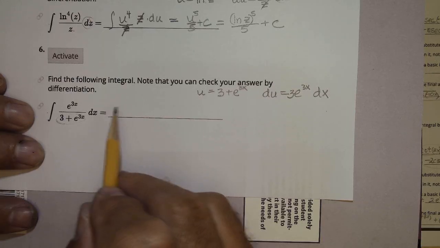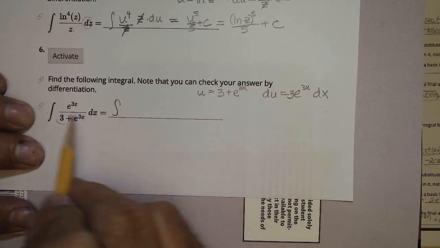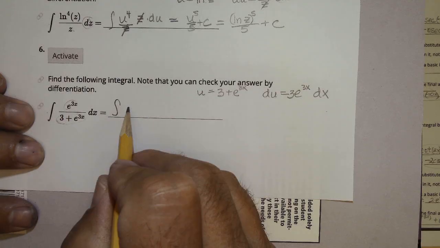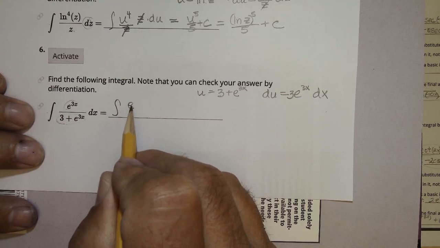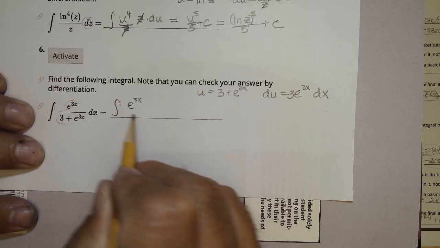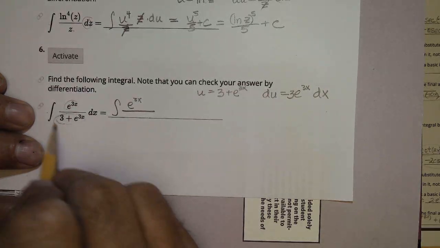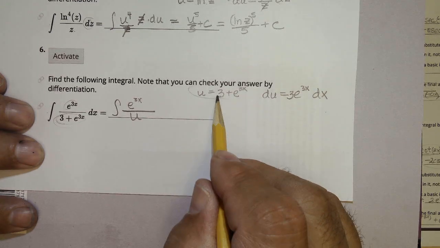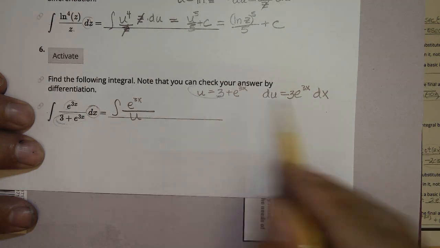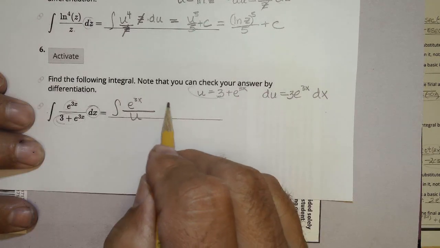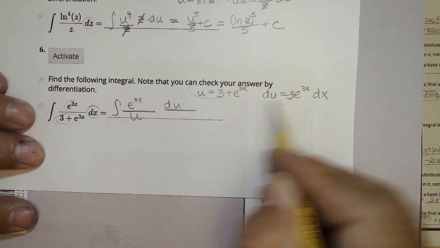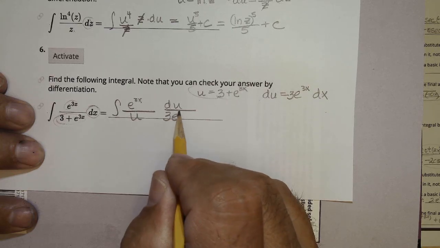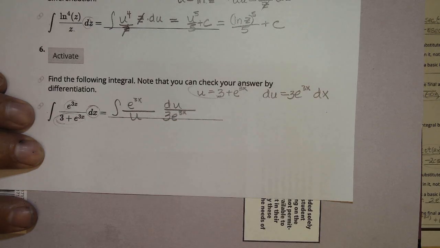So if I come to here, this would change to this. We don't have anything, so I'm just going to leave it, e to the 3x. This is u, and dx is du divided by 3e to the 3x.